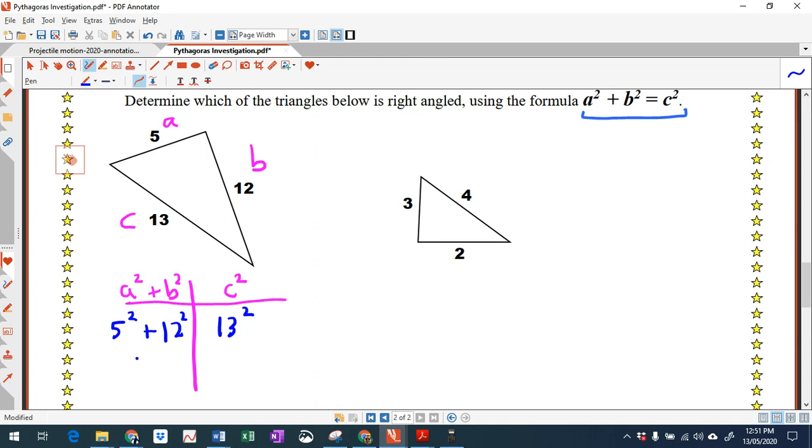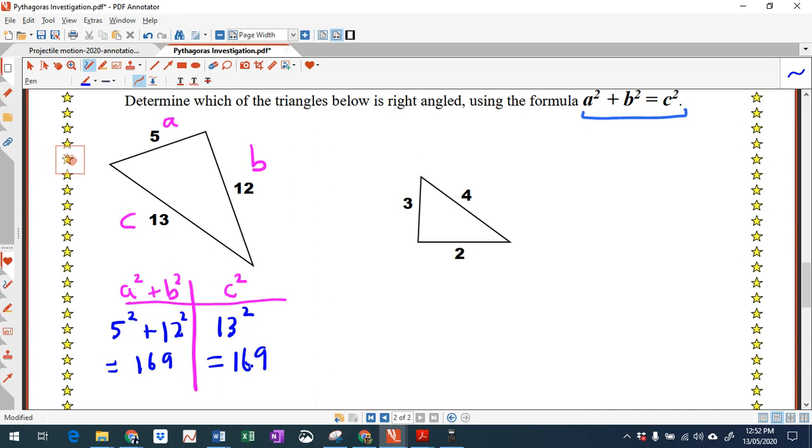Now work out on your calculator what 5 squared plus 12 squared is. That's equal to 169. And 13 squared on your calculator is equal to 169.